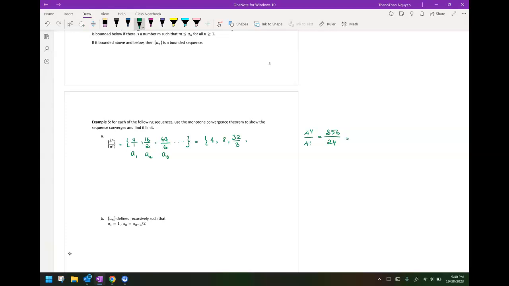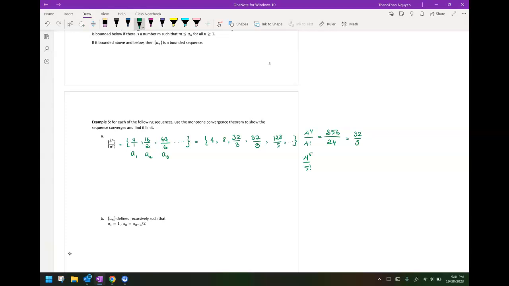We can simplify this to get 32 over 3. Oh, it seems to repeat. One more, to see what happens. 4 to the 5th divided by 5 factorial. This simplifies to 128 over 5.